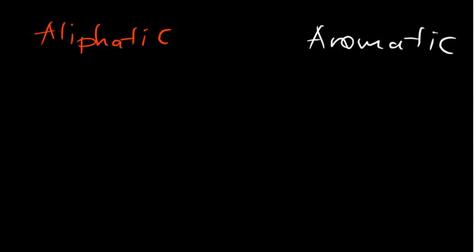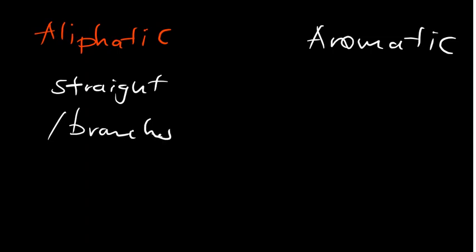So aliphatic is straight. It may be with branches. Aromatic is a ring structure. Okay. Are we together? So I'll repeat again. For aliphatic, we're talking about something in this way, where the carbons are in a straight chain.